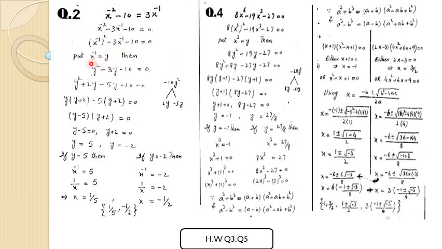So again substitute y is equal to x raised to the power minus 1, and then make the factors, as in the previous lectures, and the y values are 5 and minus 2. Now I'm putting back the substitution. So x raised to the power minus 1 is equal to 5, or x raised to the power minus 1 is equal to minus 2. So x is equal to 1 upon 5, or x is equal to minus 1 upon 2.